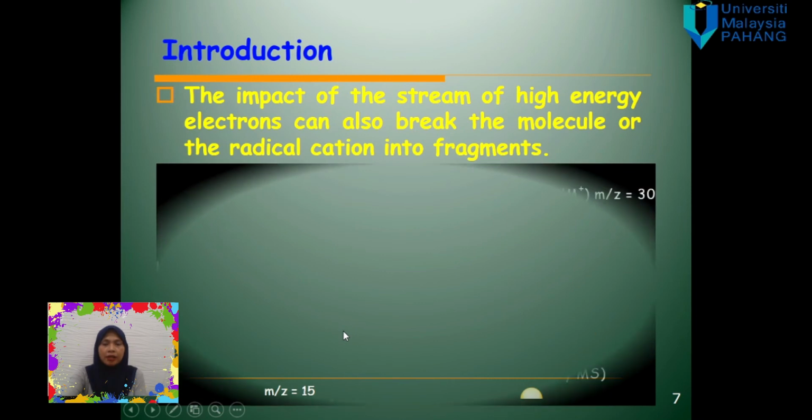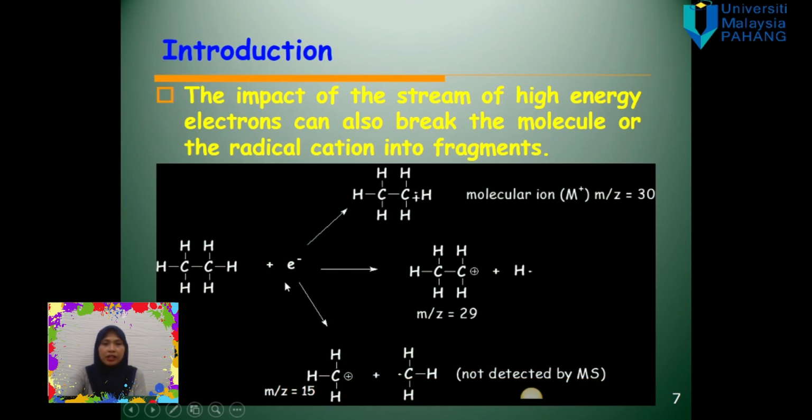In the next example, the high energy electron does not bombard only a certain bond in the molecule; it can bombard everywhere in the molecule, whether in the middle, or the right or left side. We can see here the electron bombards and one electron is released, and it becomes a radical cation form.